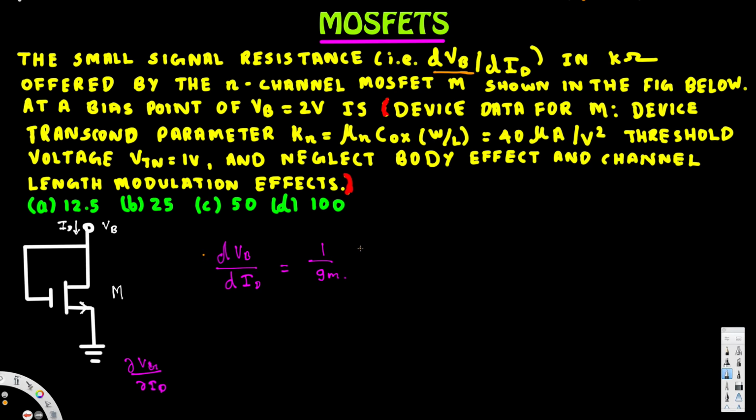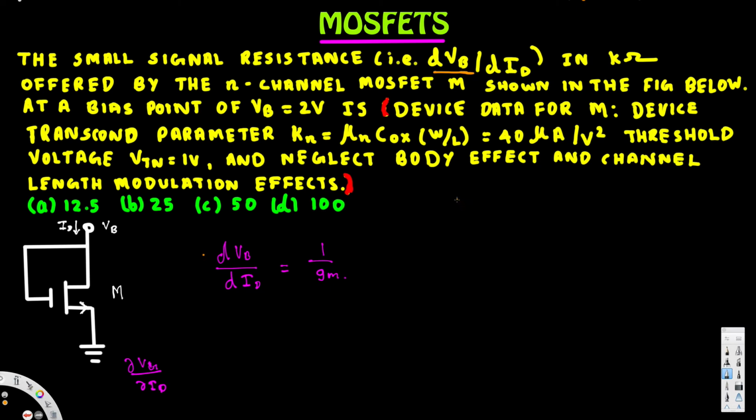Since the drain is connected to the gate, this VB is equal to the gate voltage. So we can say VDS is equal to VB. The drain voltage is VB because this is the drain and the voltage is VB.